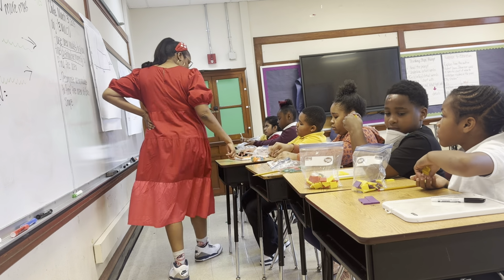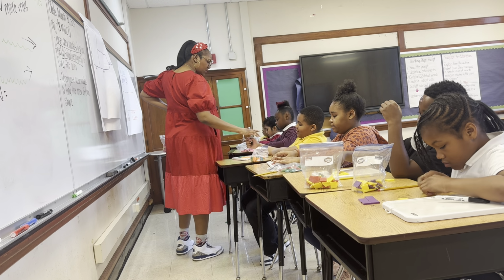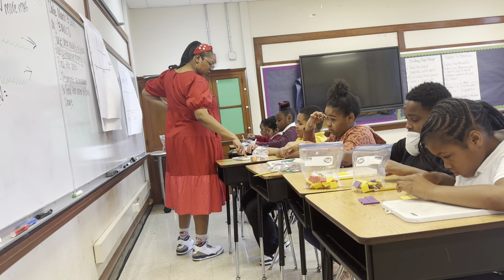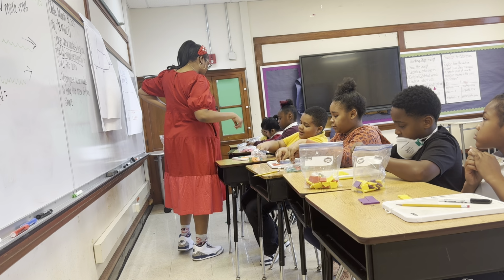I like how you labeled your side length, but you said this is 3. You said that this is 3 feet long. This is 1, 2. Is that 3 feet? Nope. Okay.